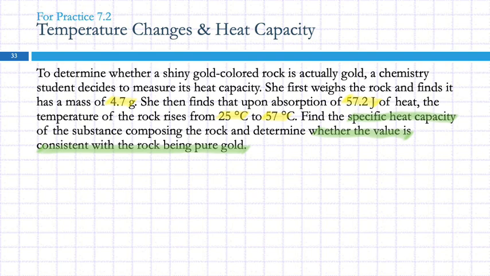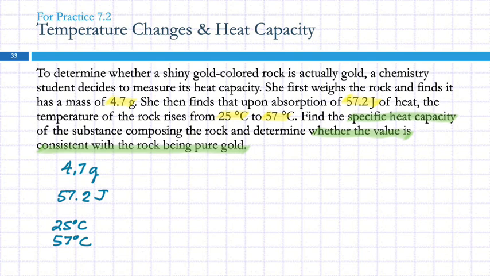So let's take these numbers out and figure out what they are. We have 4.7 grams, we have 57.2 joules, we have 25 degrees Celsius, and we have 57 degrees Celsius.